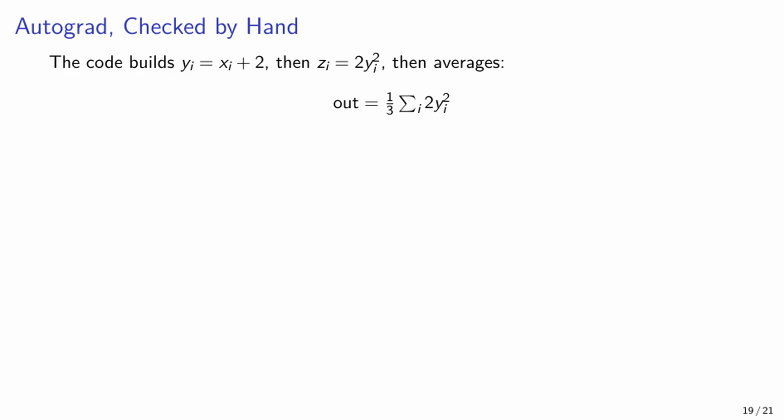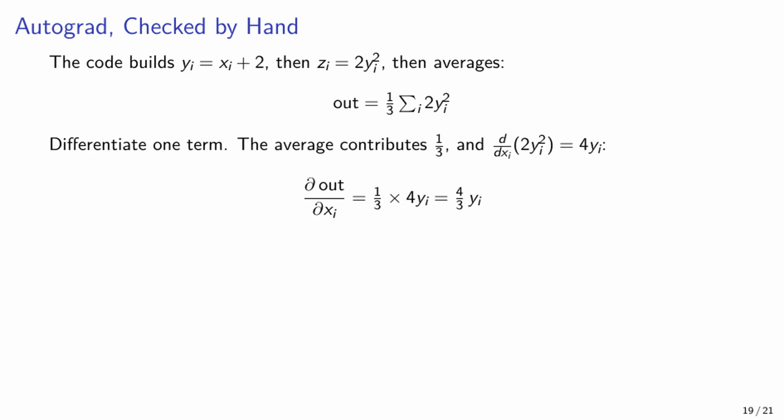Read the code as math. It builds y sub i equals x sub i plus 2, then z sub i equals 2 y sub i squared, and then averages the 3 z values into the output. Differentiate one term.